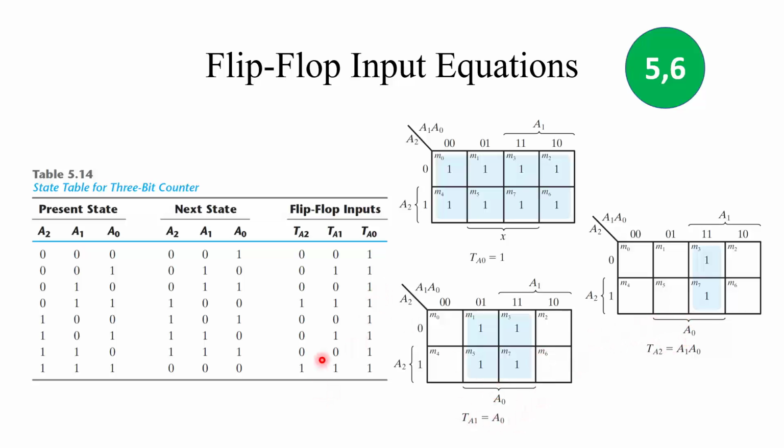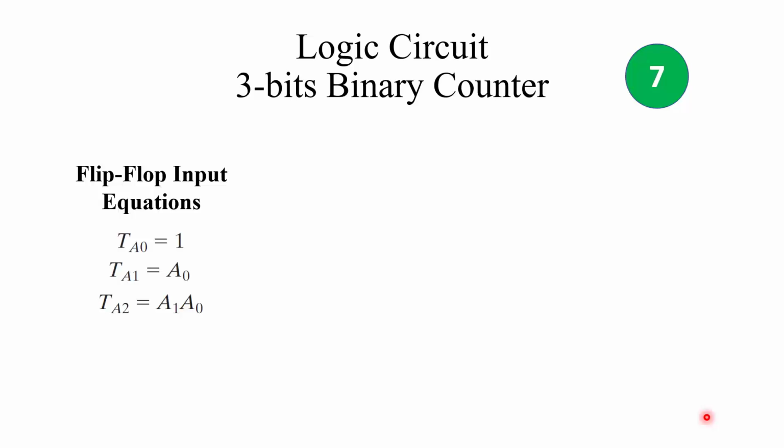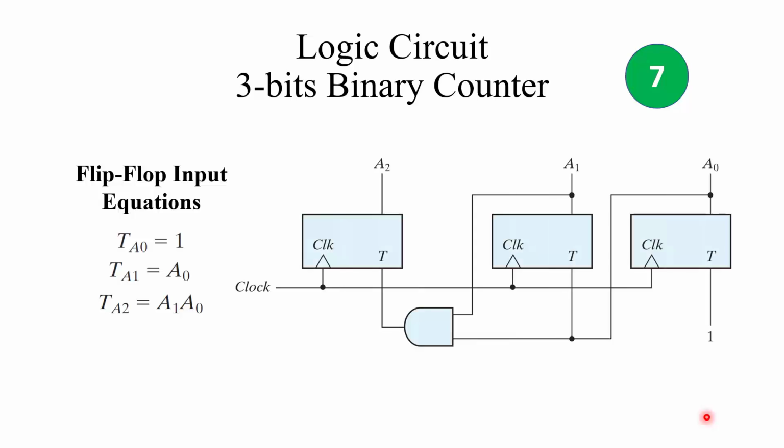counter implementation. Once the flip-flop input equations are obtained, we can draw the logic diagram for our 3-bit binary counter. As you can see, इसमें 3 T type flip-flops use हुई हैं for our 3-bit binary counter. The outputs are from A0 to A2, जिस पे हमारा 3-bit counting sequence produce होगा on clock edges.